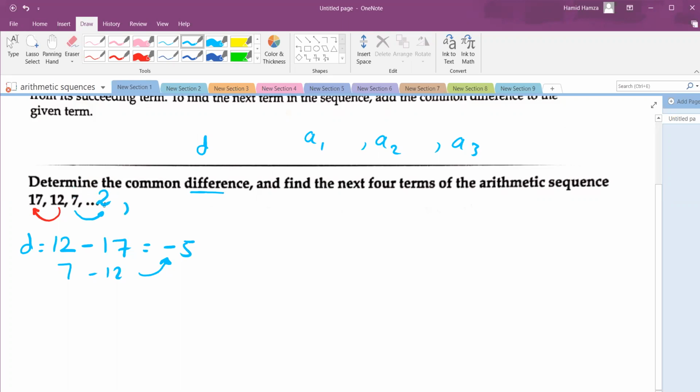If I add negative 5 to 2, it will be negative 3. If you add negative 5 to negative 3, it will be negative 8. And we keep going to the fourth term. If we add negative 5 to negative 8, the answer will be negative 13. So this is the common difference, and these are the next four terms.